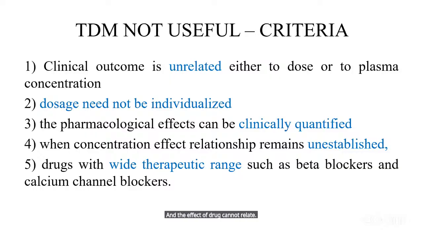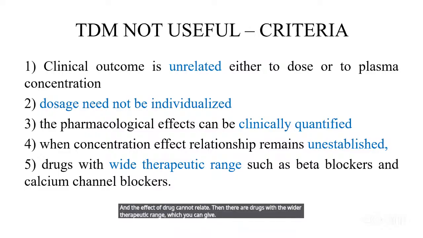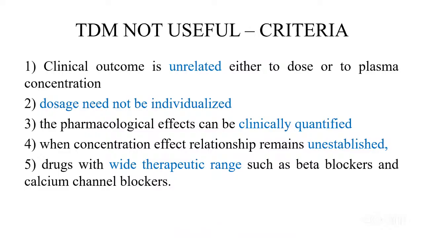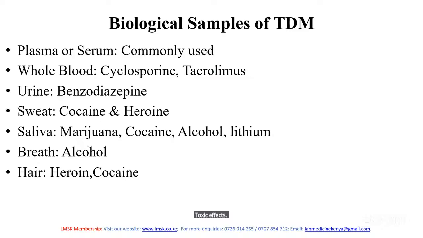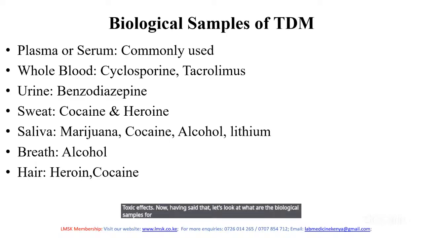Then there are drugs with a wide therapeutic range, which have a big window where you can use the drug without producing toxic effects. Now, having said that, let's look at what the biological samples for therapeutic drug monitoring are.